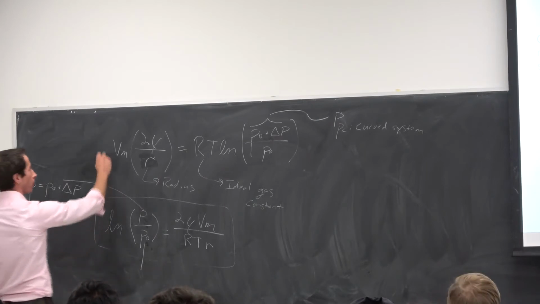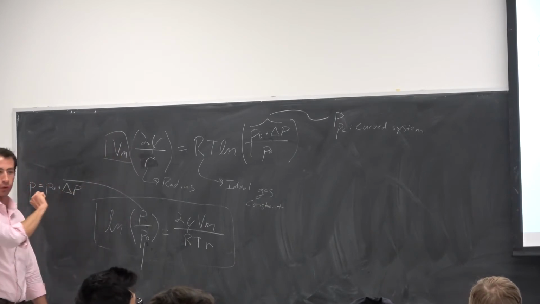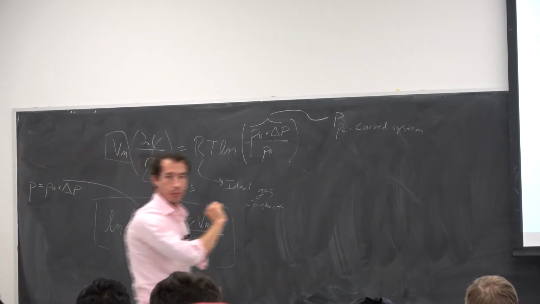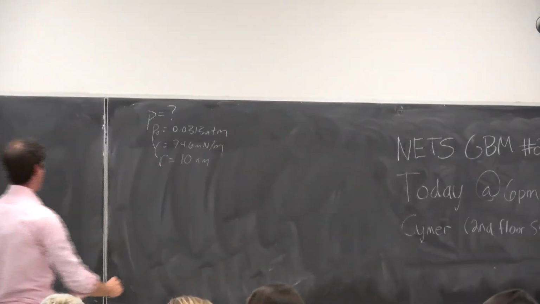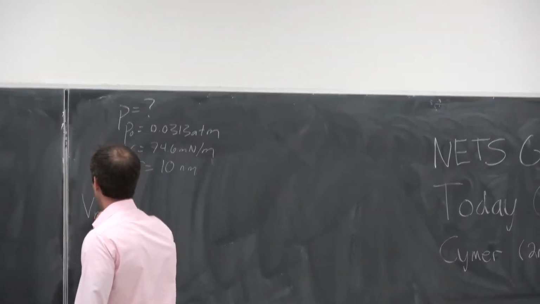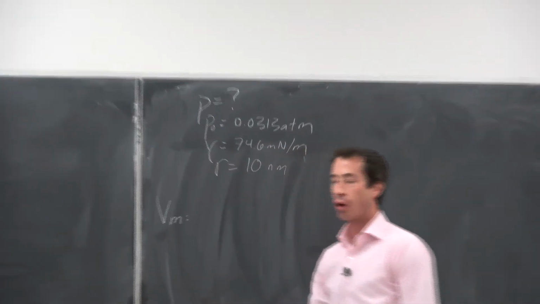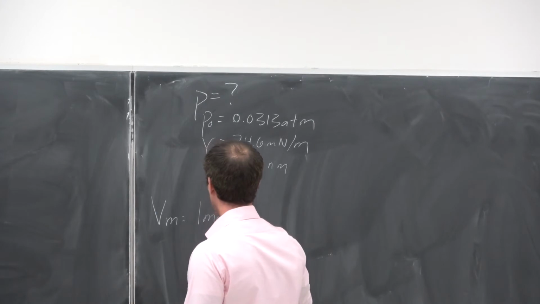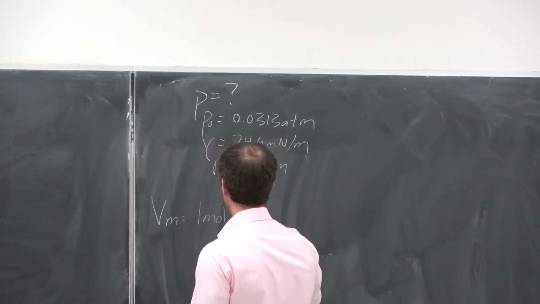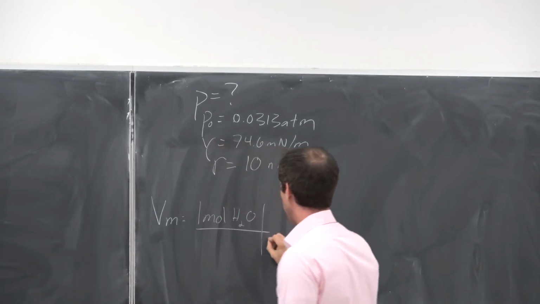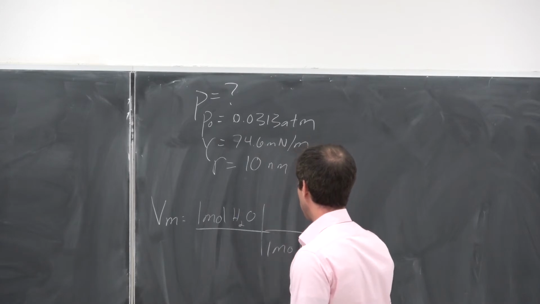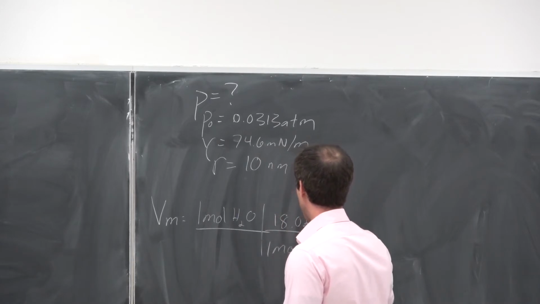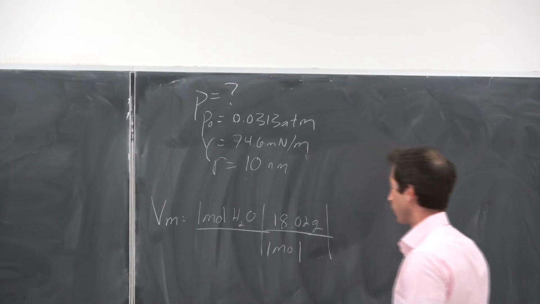We don't have this term, molar volume. So molar volume, do you guys know how to do this one? We need 1 mole of water, and 1 mole weighs 18.02 grams, right?